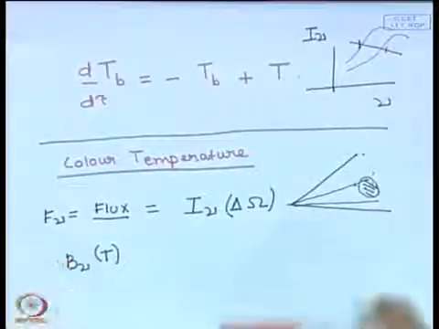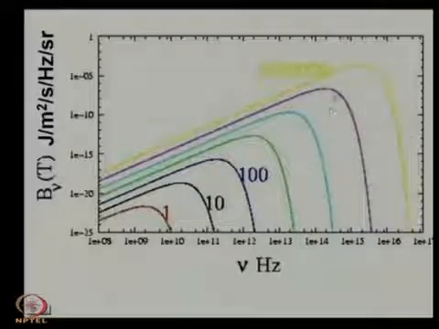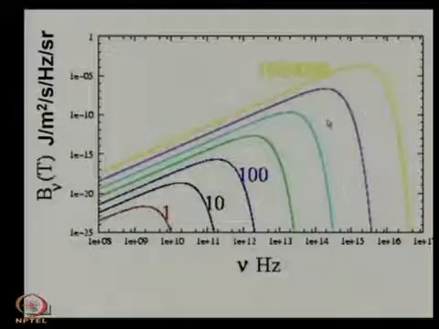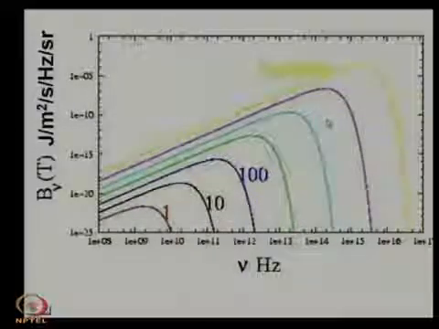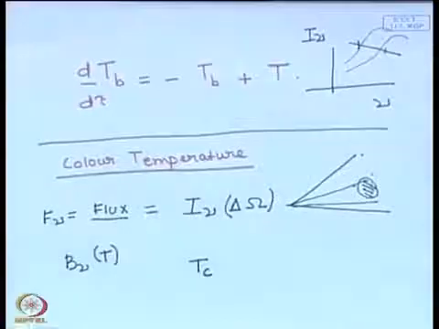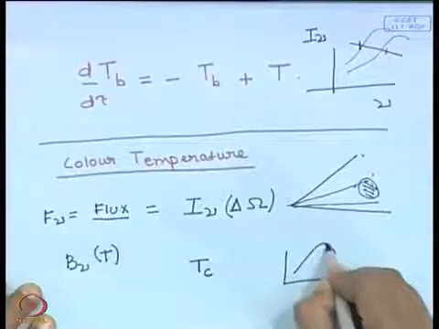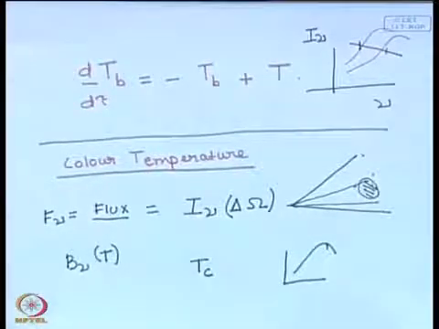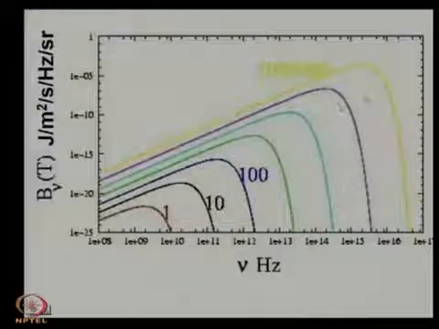So, what I will do is I will just take the shape of the flux as a function of frequency and see which black body spectrum the shape best matches. And then use that to determine a temperature called the color temperature. One possibility is I could see that the flux has a peak and we know that the position of the peak is uniquely determined by the temperature for a black body.